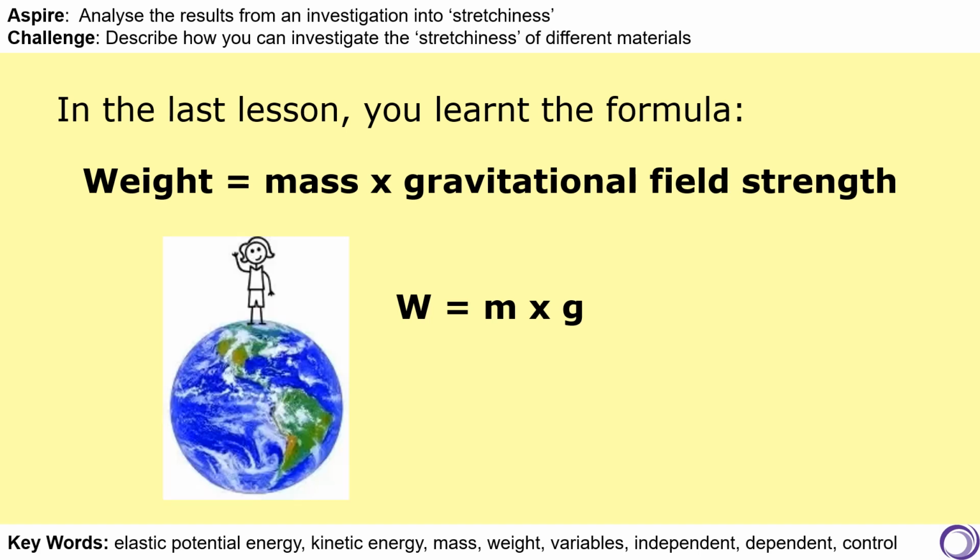On Earth, which is where all of our investigations are based in school, the gravitational field strength is 10 newtons per kilogram. You might occasionally see in some textbooks or questions 9.8 newtons per kilogram, but for today's lesson we're just going to round that up to 10. So g on Earth is 10 newtons per kilogram.